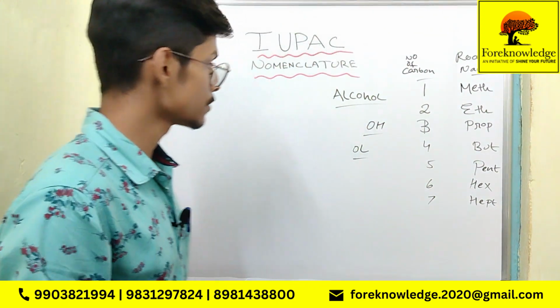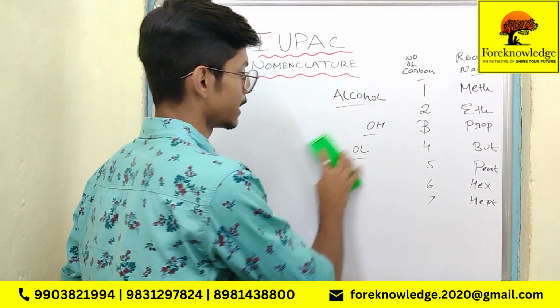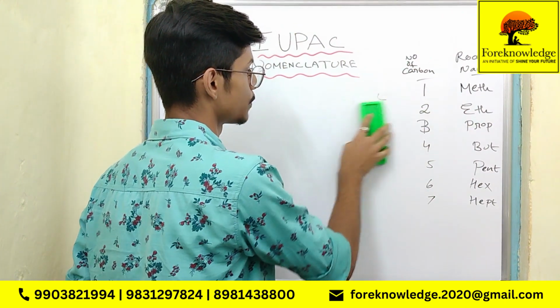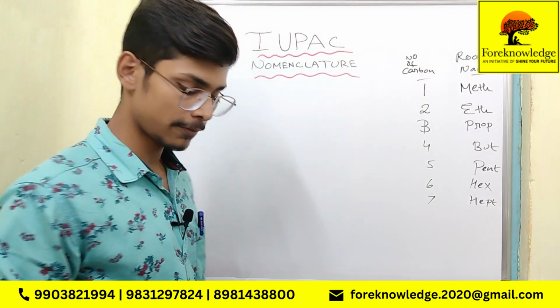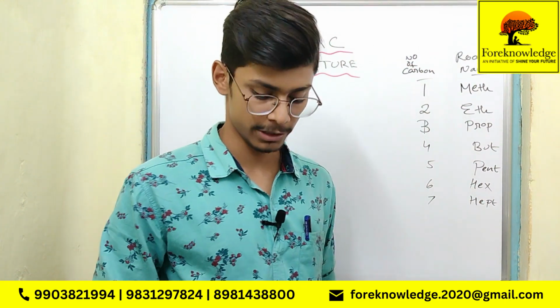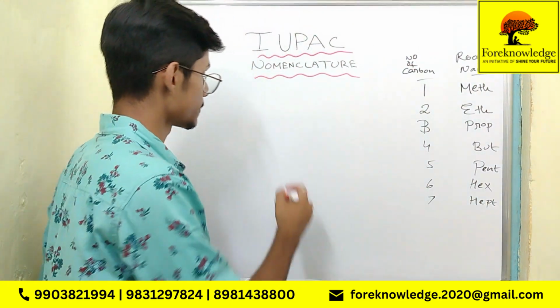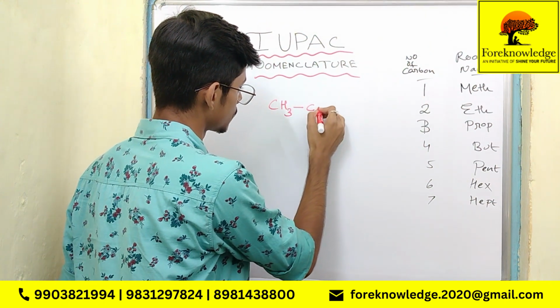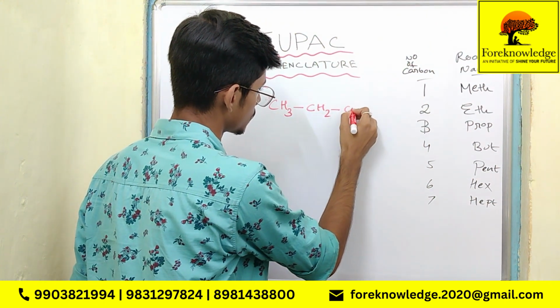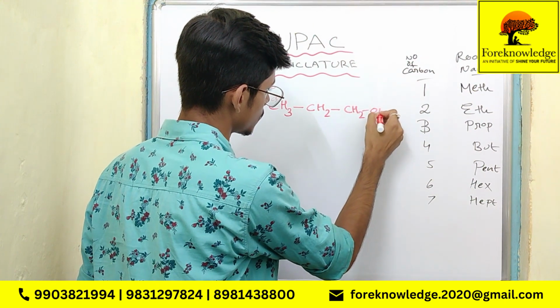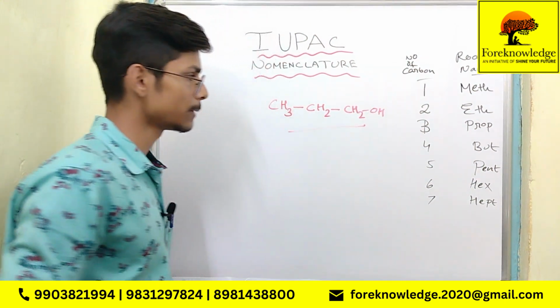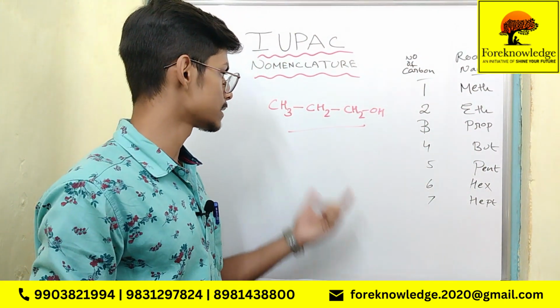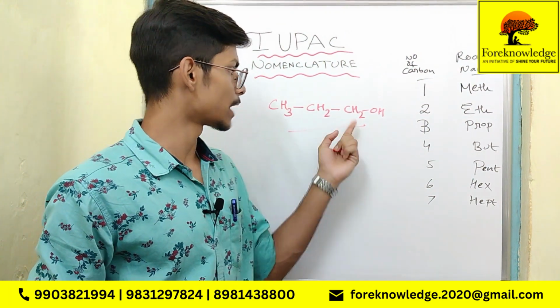Okay. So now I am going to explain how to write the IUPAC name of a compound having OH. So first let me draw a compound. So what will be the name of the compound? As we can see here, 3 carbons are present.